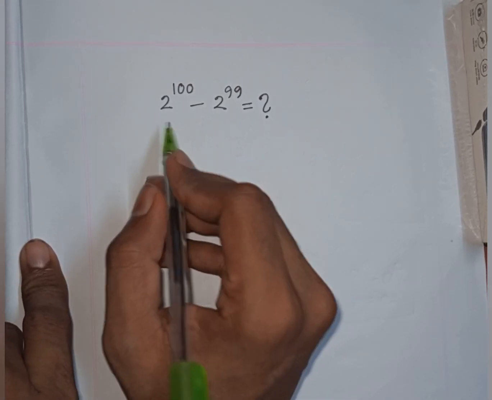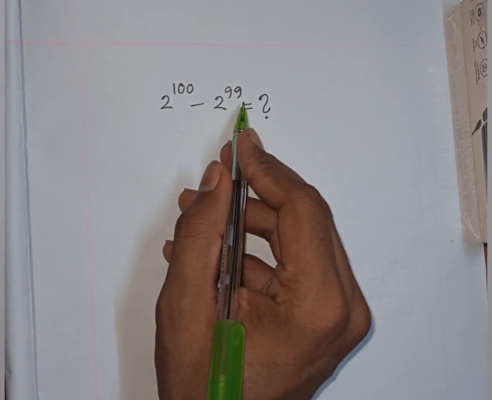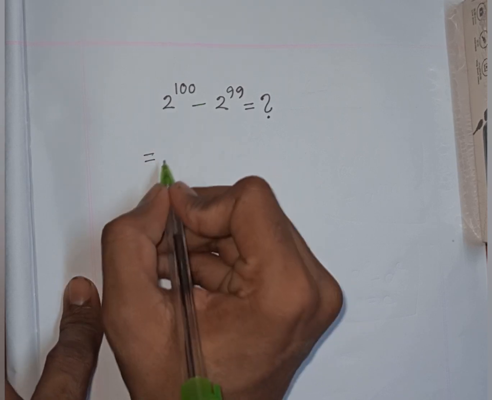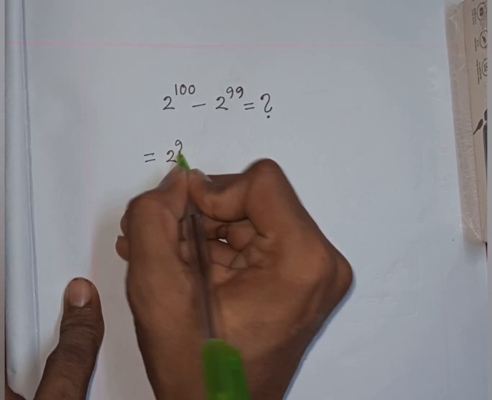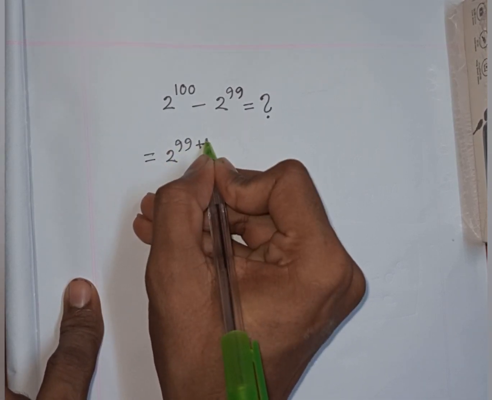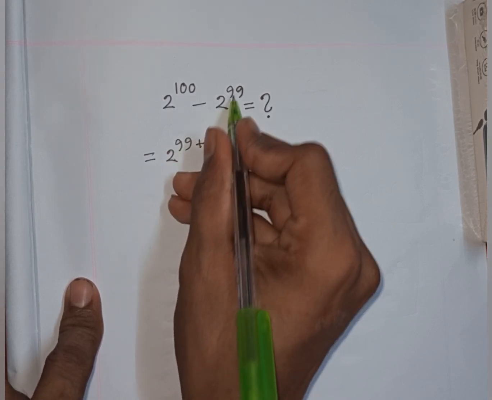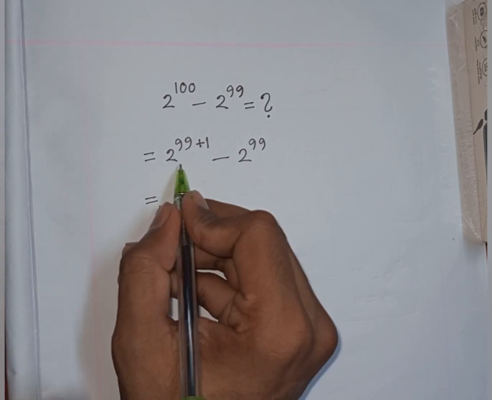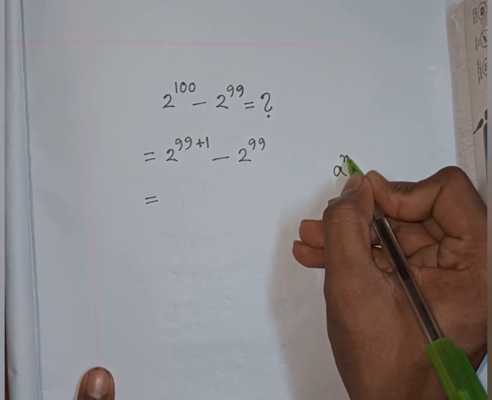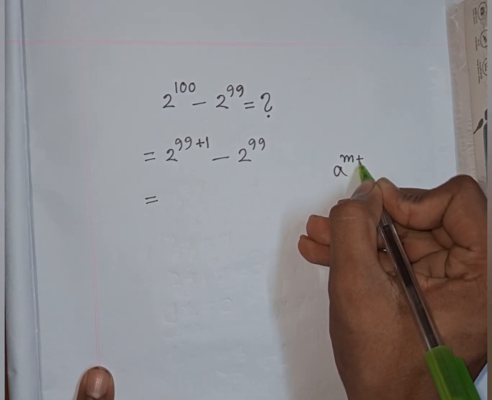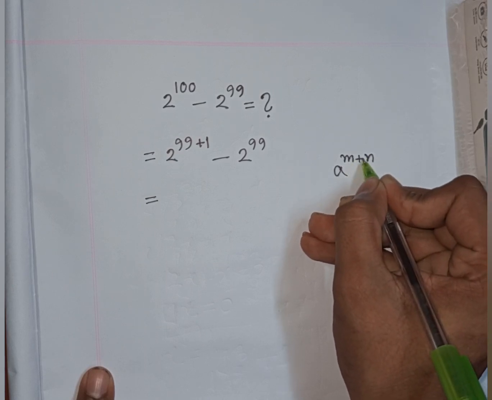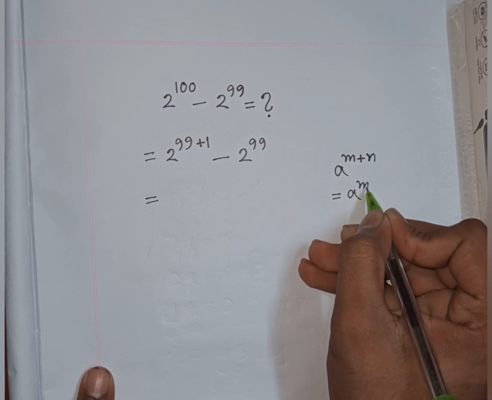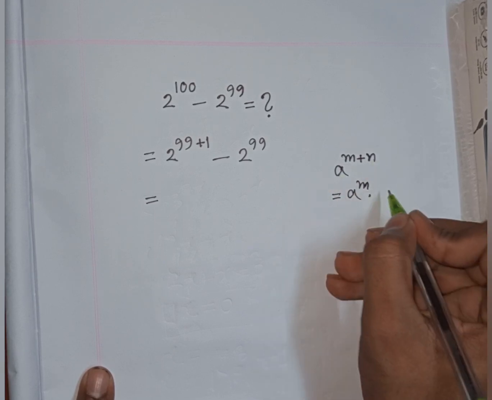How to simplify 2 power of 100 minus 2 power of 99 is equal to what? So we have 2 power of 100 can be written as 2 power of 99 plus 1, then minus 2 power of 99 is equal to, here I can apply this exponential rule that a power of m plus n is equal to a power m times a power n.